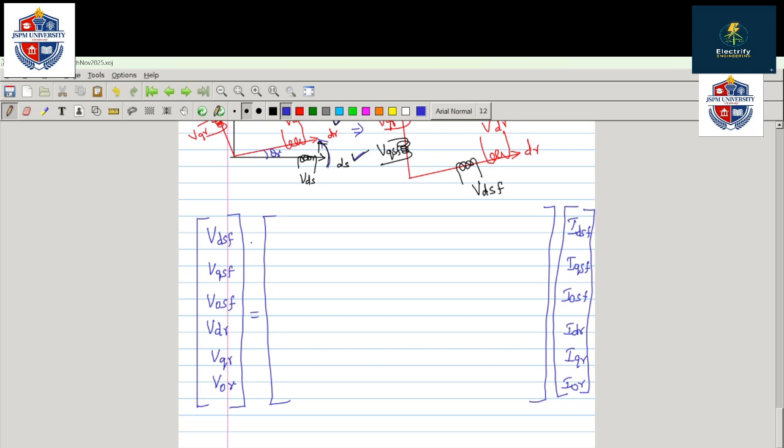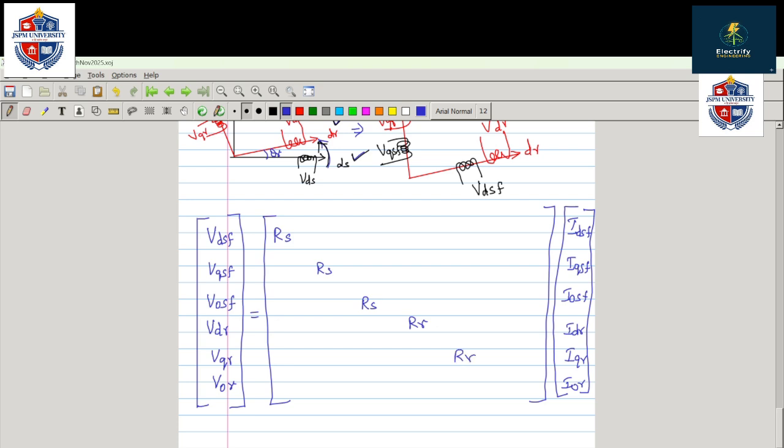Now VDS, the stator winding has its own resistance RS, and the rotor winding has its own resistance RR.